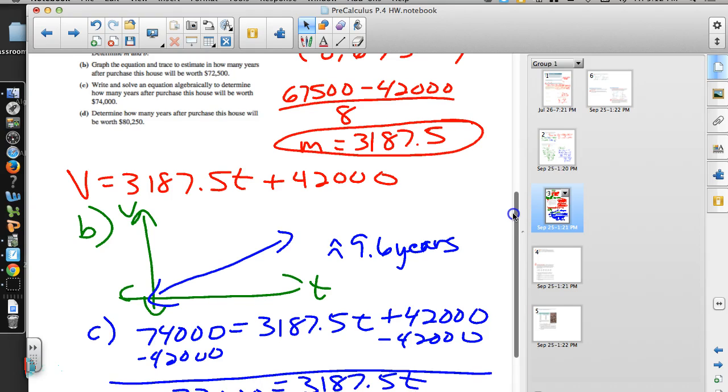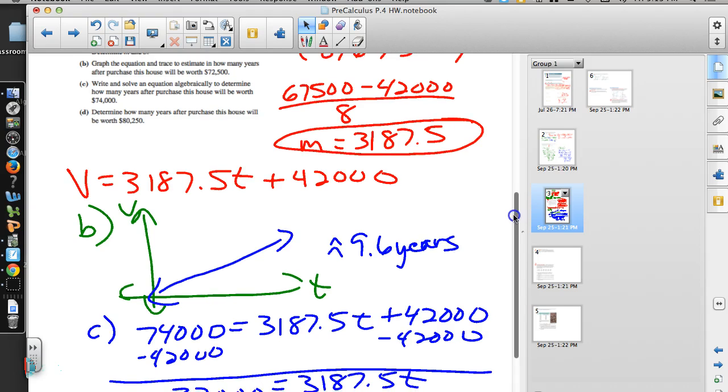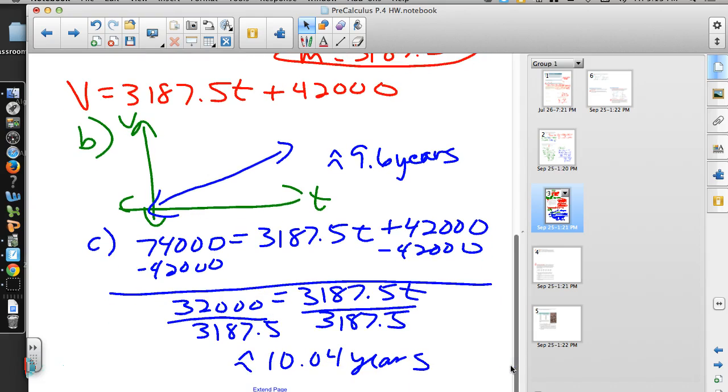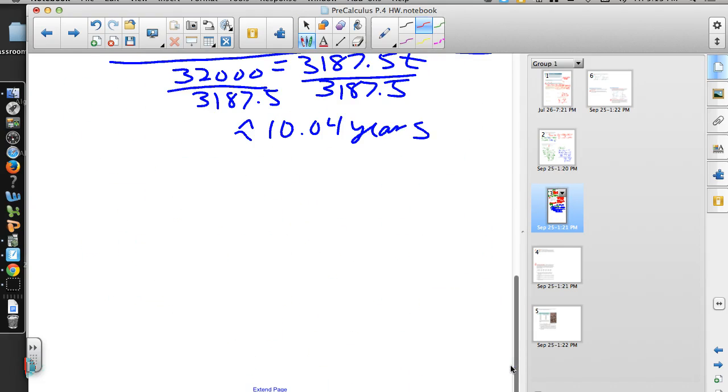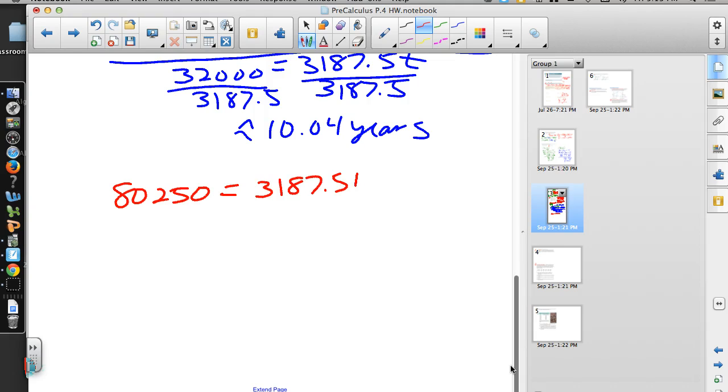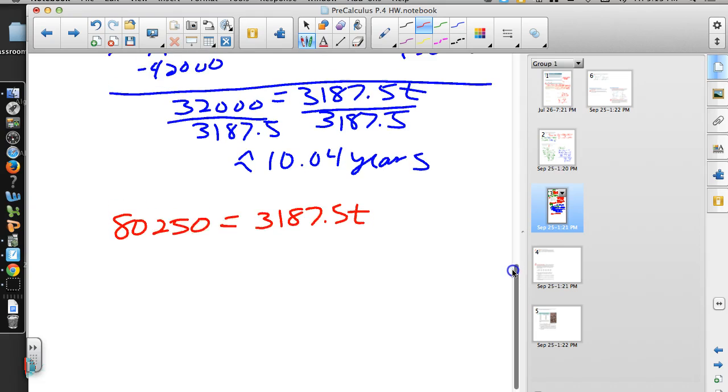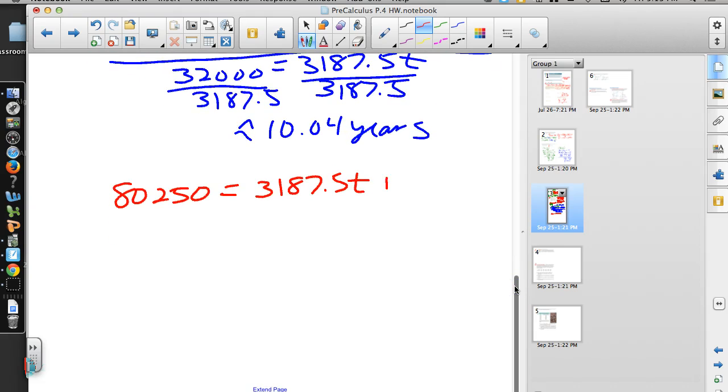D says determine how many years after purchase the house will be worth $80,250. So we're going to do the same thing, but with the $80,250. So that equals our 3,187.5 T, and that was our y-intercept of 42,000.